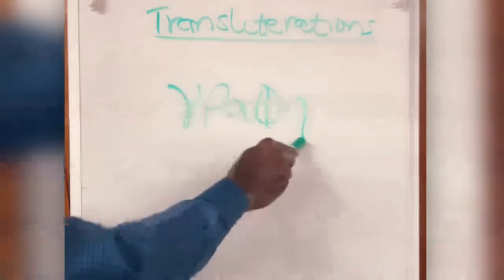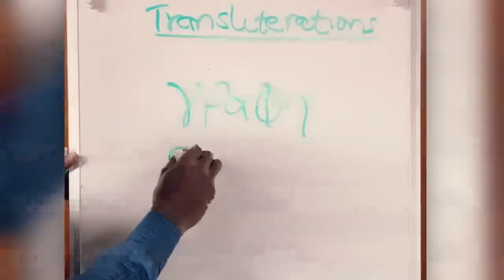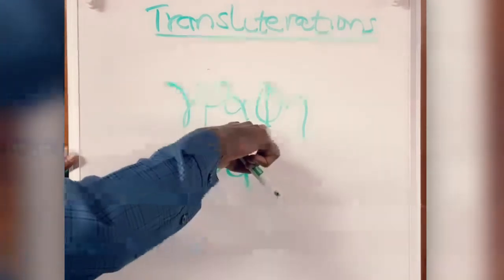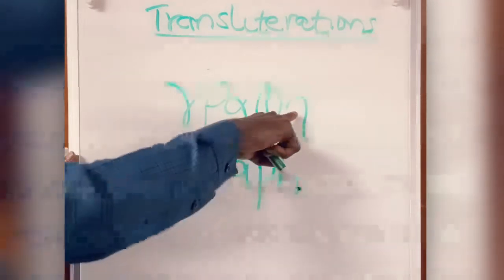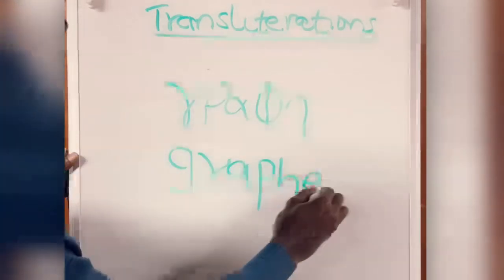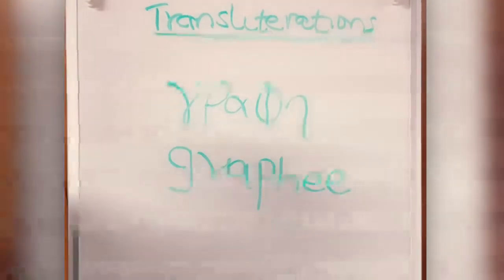Before I pronounce it as graphe, because I know it, but you, if you don't know it, you can transliterate it with the English equivalent of the letters: gamma, G; rho, R; alpha, A; phi, P and H; eta, double E. If you are asked to pronounce this easily, you'll be able to call it what?